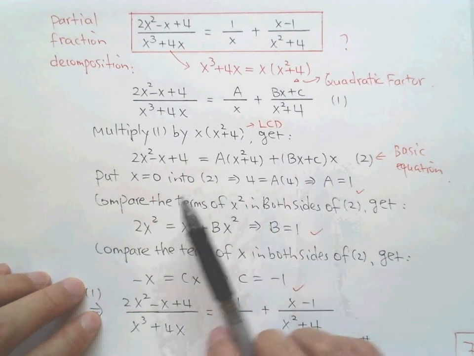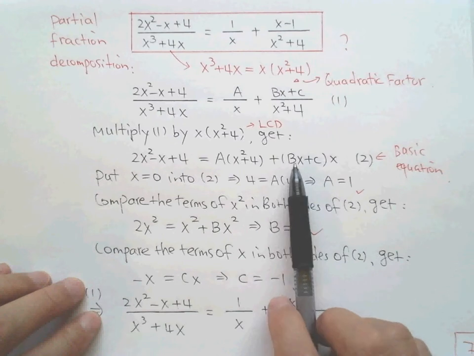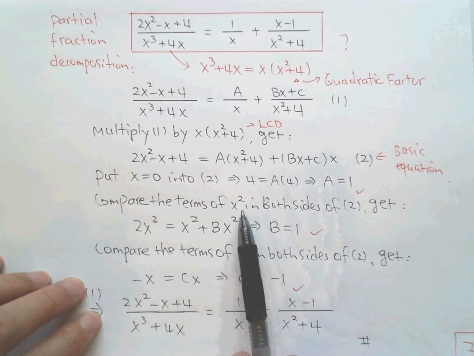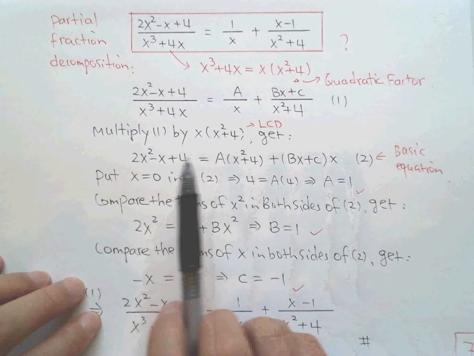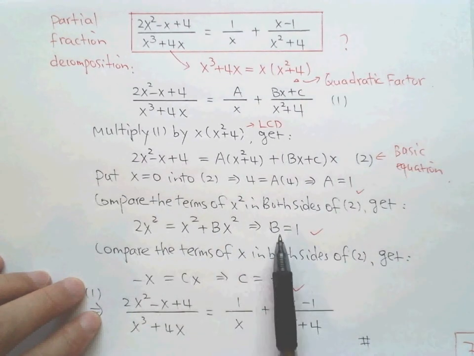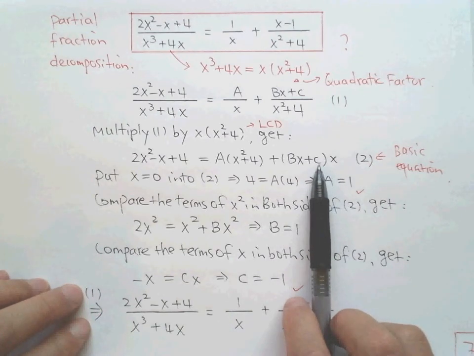If I get a, how do I get b or c? Remember, compare the terms of x, right? If you find the b times x squared, b is the coefficient. So a plus b, the coefficient of x squared on the right side should be equal to the left side. The left equals the right, we get b equals 1.